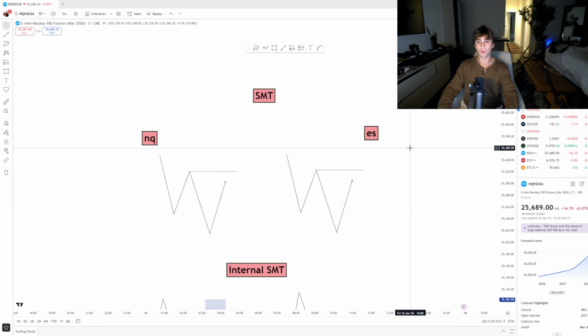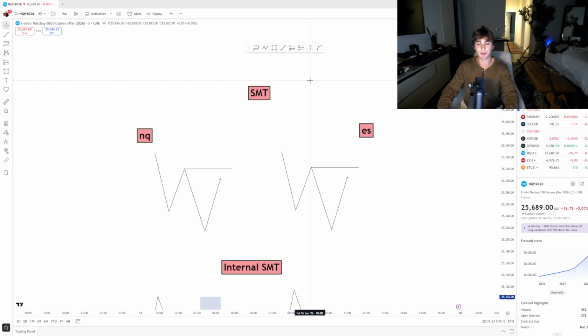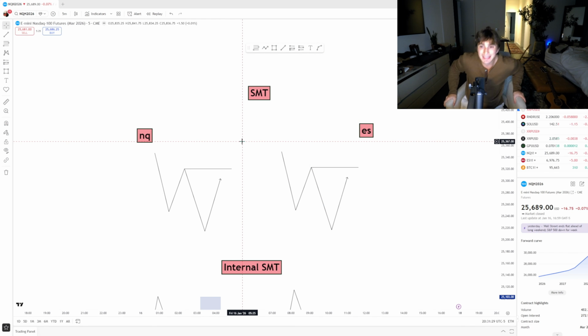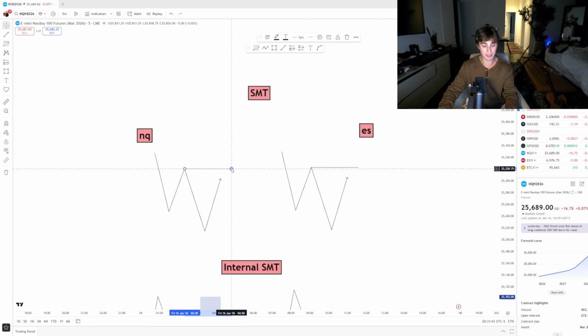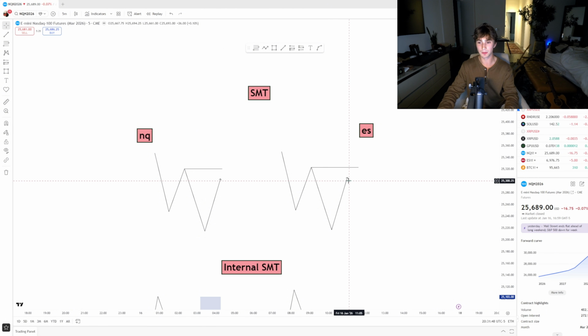Starting off with what is an SMT? Well, an SMT is when an asset takes a high or a low while the other asset doesn't. And what does that look like? Let's say we're on NQ and we're looking to target a high, this high specifically. And then we look over at ES and we see that ES takes the high, but NQ is still behind.